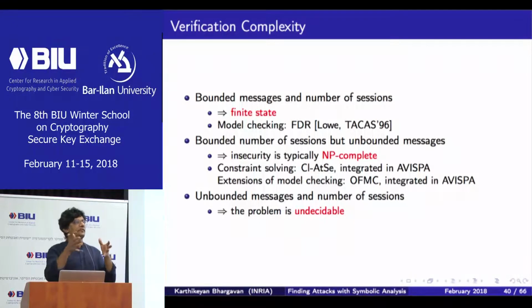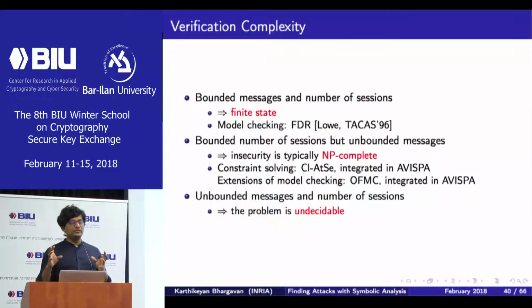If you bound the size of messages that can be sent by the attacker or by the principals, and the number of sessions, then you get into a finite state model, and obviously it's all nice and decidable. In fact, even if you bound the number of sessions, the number of times you can replicate a process, but leave the number of messages unbounded, there's a nice proof that the verification problem becomes decidable, even though it's NP-complete.